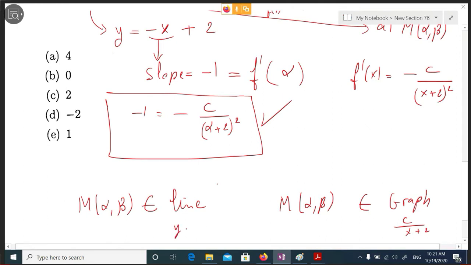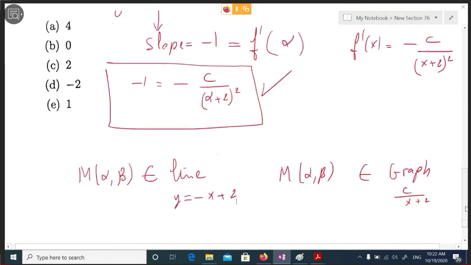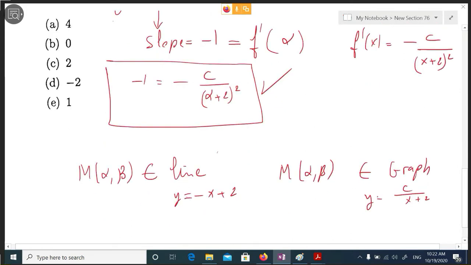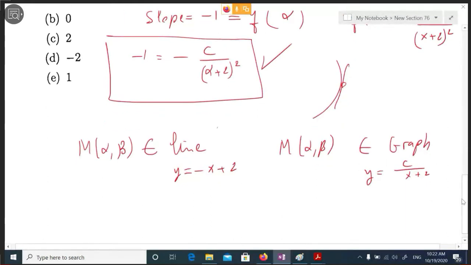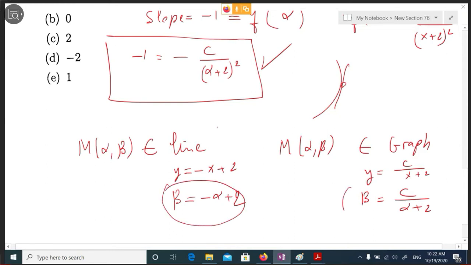And what is the line? Y is minus x plus 2. You agree with that? This is the tangent, so the point satisfies both equations. That means here you replace y by beta. So we have beta is minus alpha plus 2, and beta is C over alpha plus 2. These two equations give you one equation.